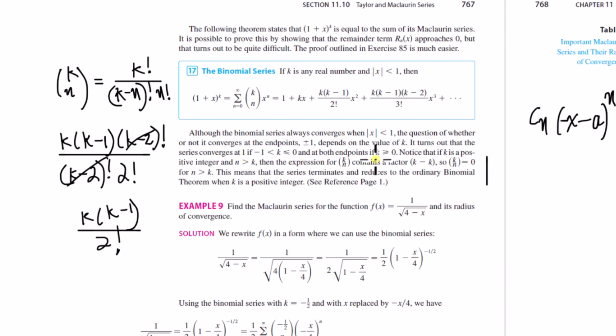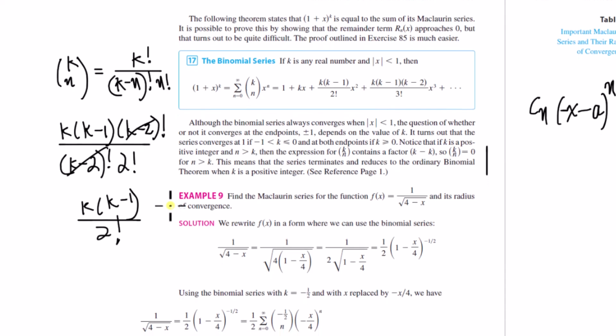If k is greater than or equal to 0, then the series converges at 1 and -1. We're thinking about the endpoints. It converges at both endpoints if k is greater than or equal to 0. If k is greater than -1 and less than or equal to 0, then it converges at +1. It doesn't converge at -1. Now, if k is less than -1, then it doesn't converge at -1 or 1. So that's the endpoint behavior.